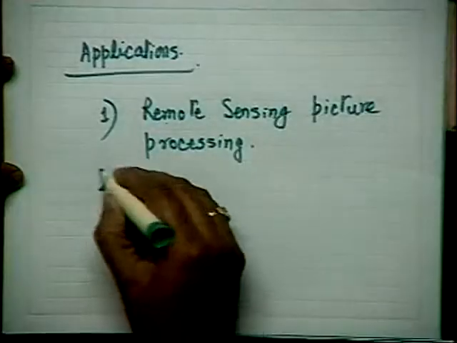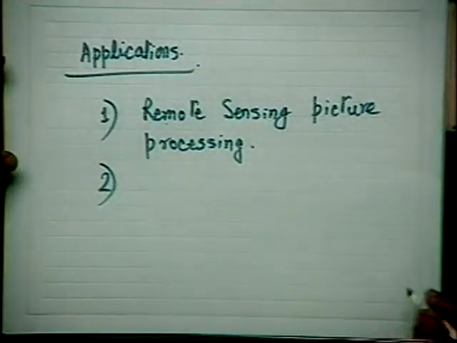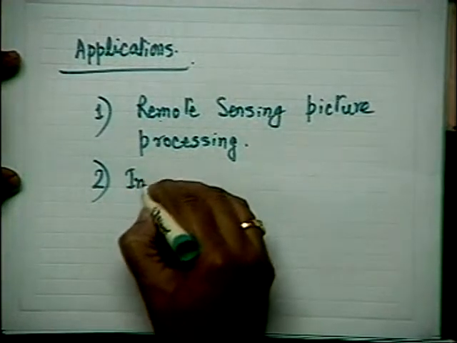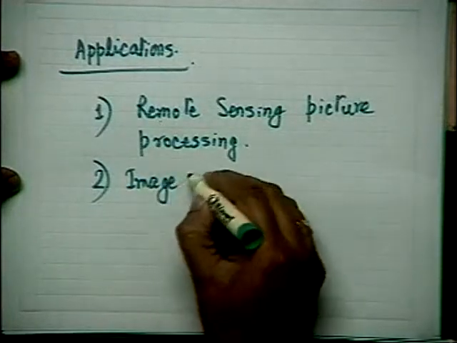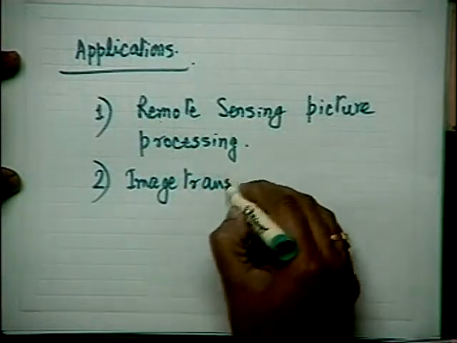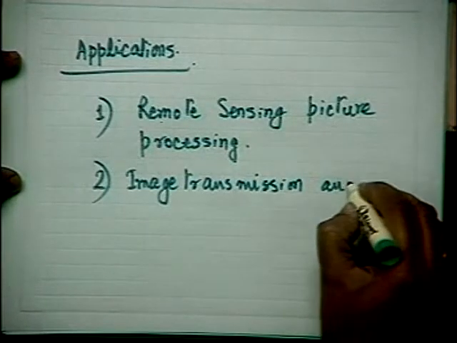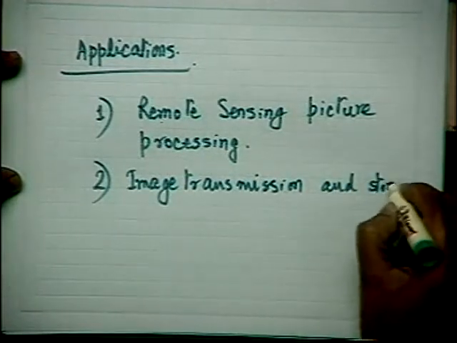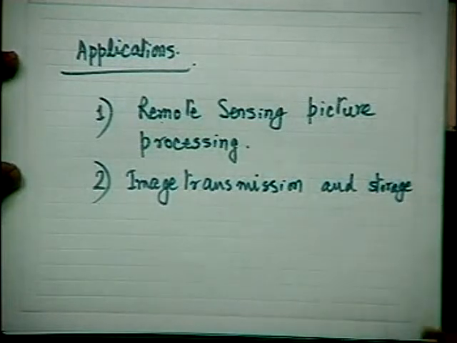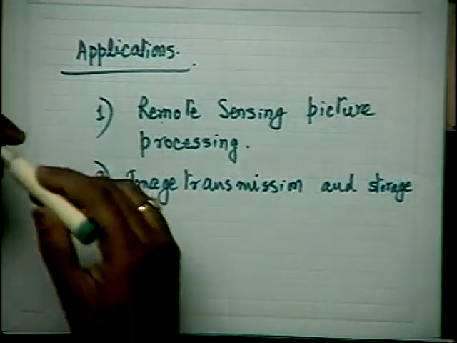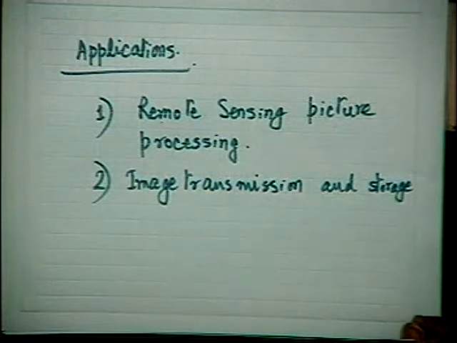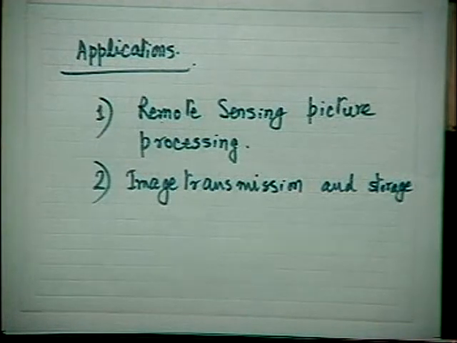Then another major application area is in image transmission and storage. There are a large number of requirements where you'd like to transmit your pictures from one place to the other.